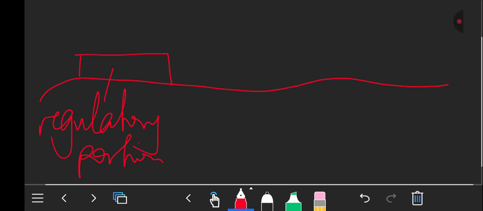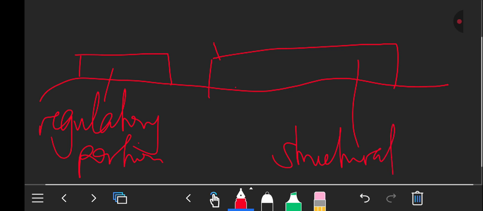Then we have another portion, what we call the structural gene, or the structural portion rather. Let's call it the structural portion.